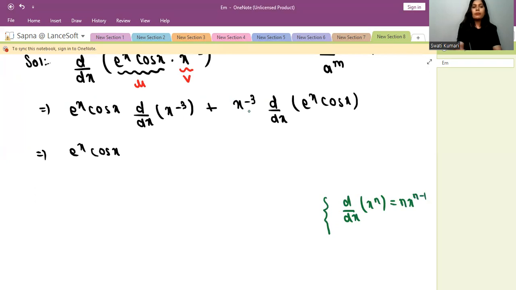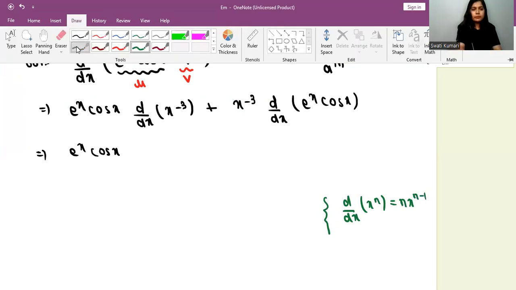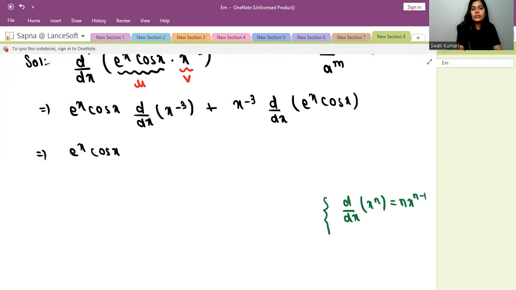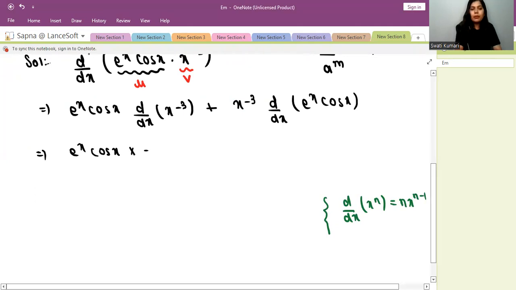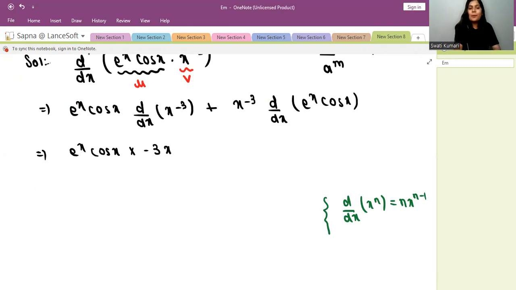Using this formula, you can see that here n is minus 3, so minus 3 will come before x, and then this will become x raised to n minus 1. n is minus 3, so minus 3 minus 1 is minus 4. Then we can move ahead.